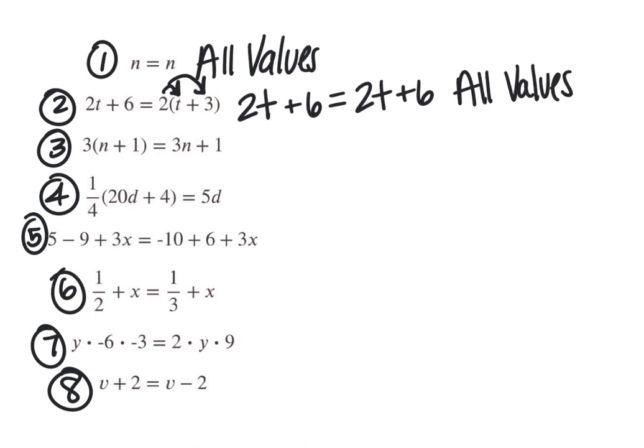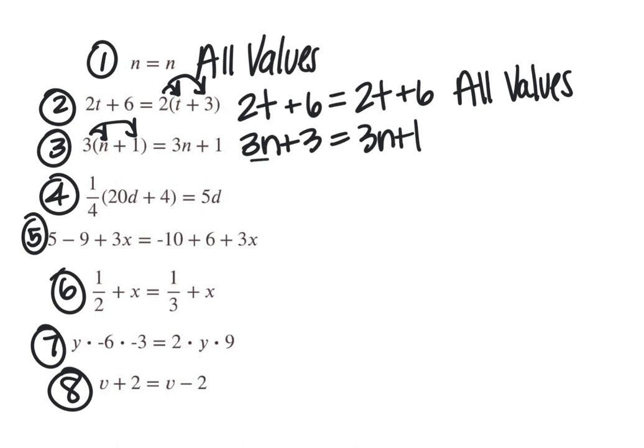Let's look at number 3. So I'm hoping that you notice something with number 3. On the right side, we have 3n plus 1, but on the left side, we have 3 multiplied by a quantity in parentheses. Now, whenever I distribute that 3, I'm no longer going to have a 1 on both sides, right? Now I'm going to have 3n plus 3 equals 3n plus 1.